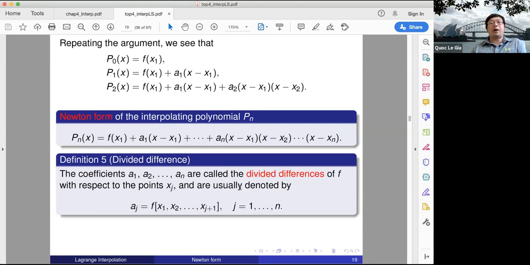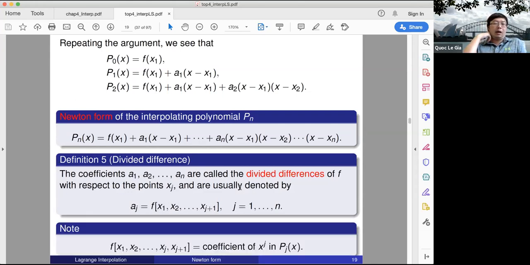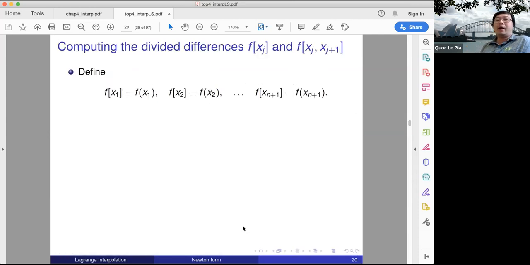Right. So now again you see, if you take x1 up to xj plus 1, then actually it's just the coefficient of x to the power of j. Okay, so now how do we find the coefficient? This is the tricky part.